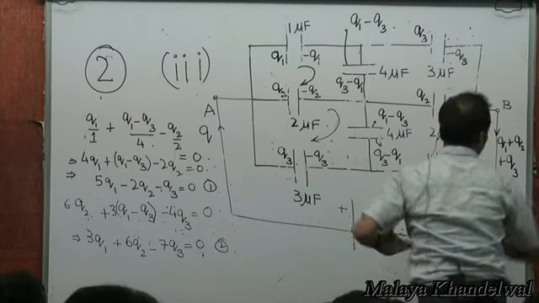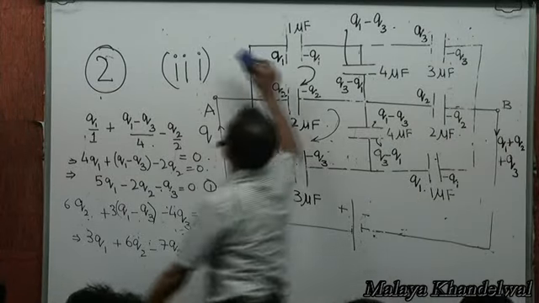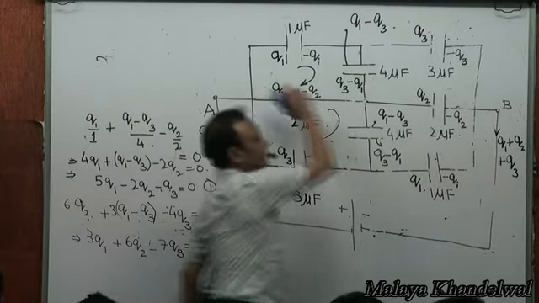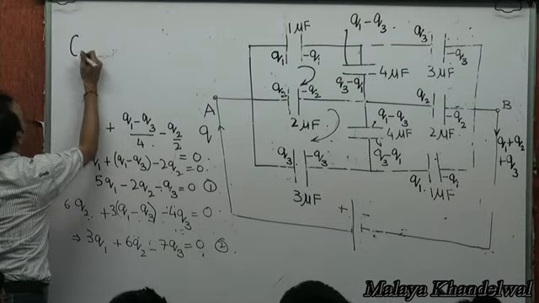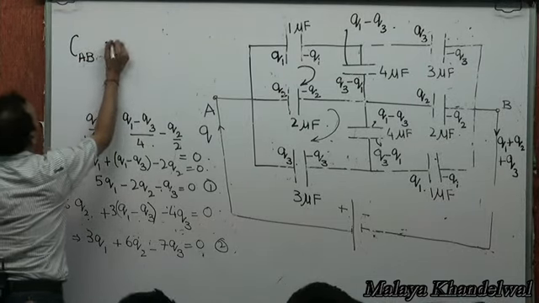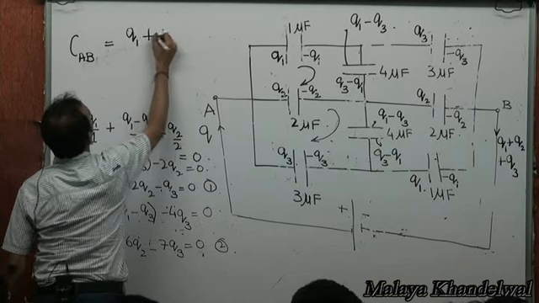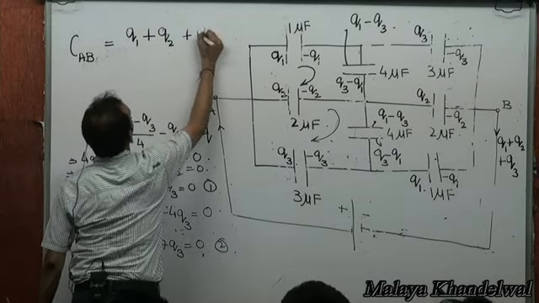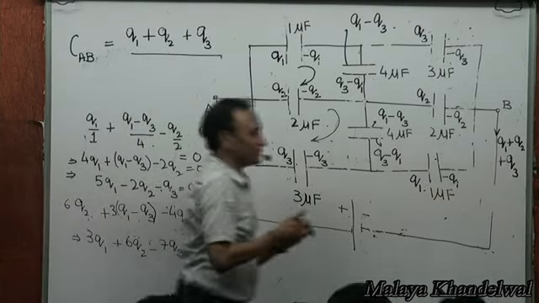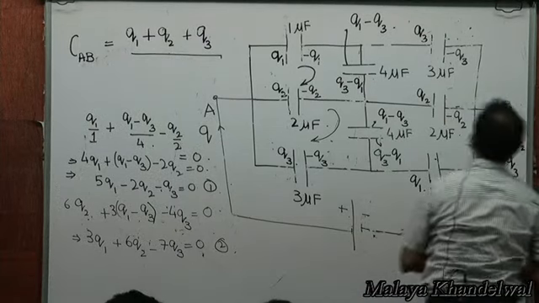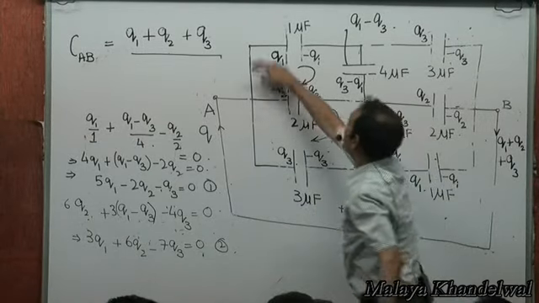Now to find the capacitance of this arrangement between A and B, we need the total charge flowing through the battery, which is Q1 plus Q2 plus Q3, divided by the potential difference between A and B. Now, from A to B, I can go any way I like.